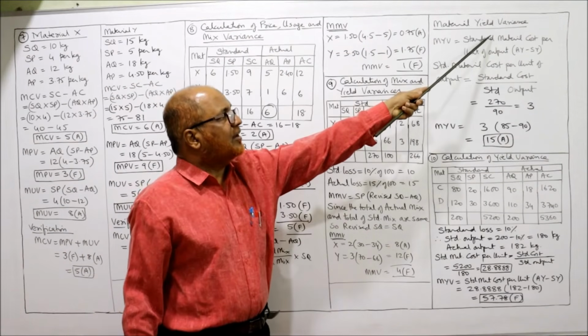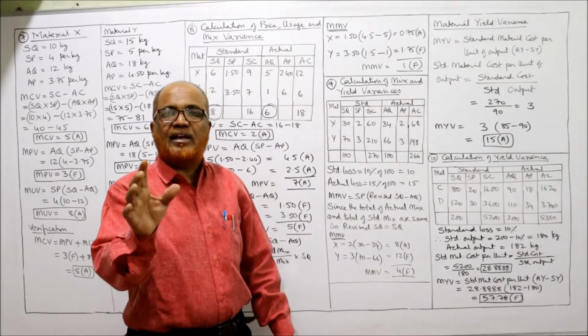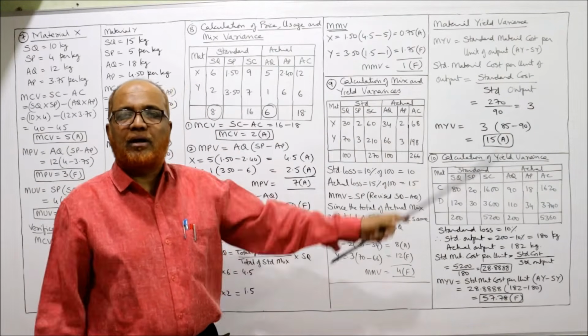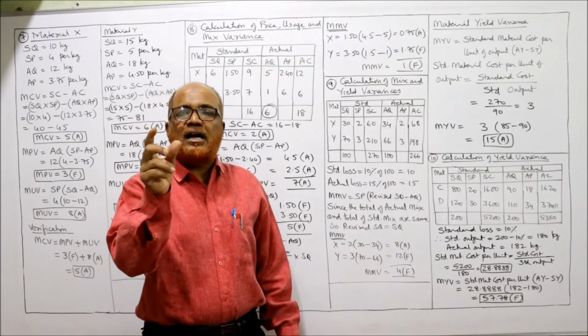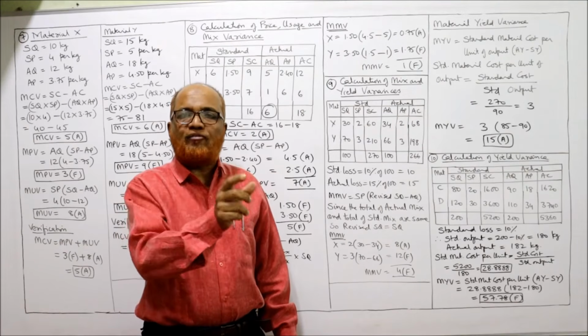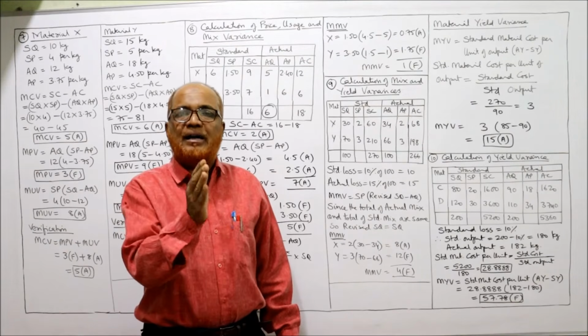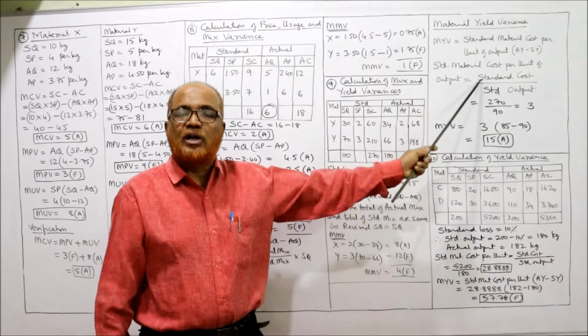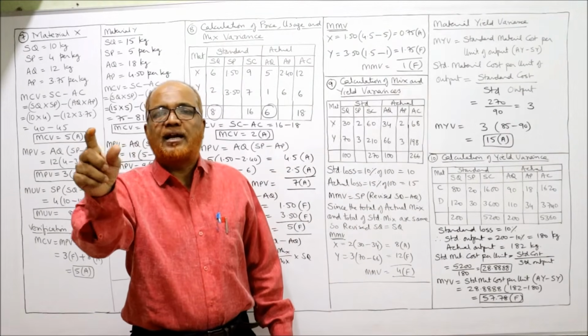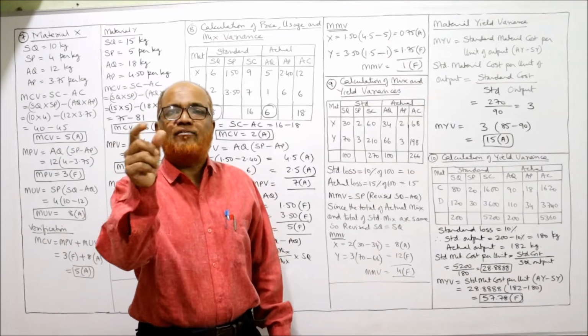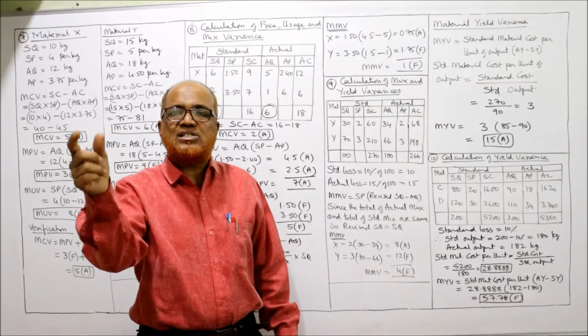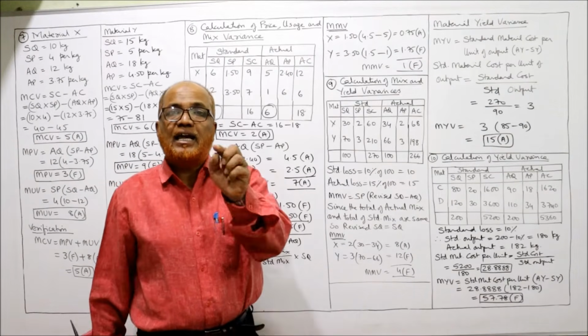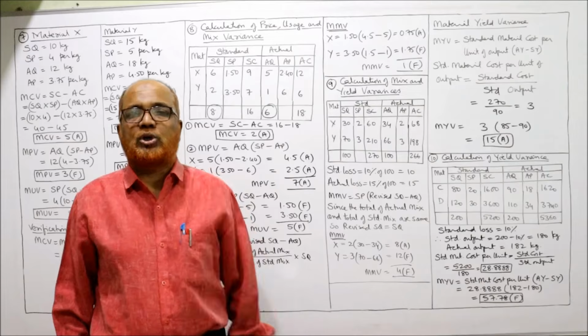Lastly, material yield variance. First time we are going to apply the formula. The formula is standard material cost per unit of output into actual yield minus standard yield. AY means actual yield, SY standard yield. Yield means output.